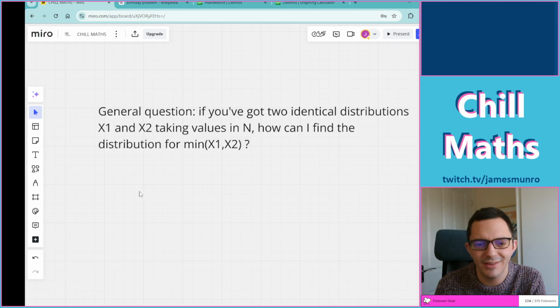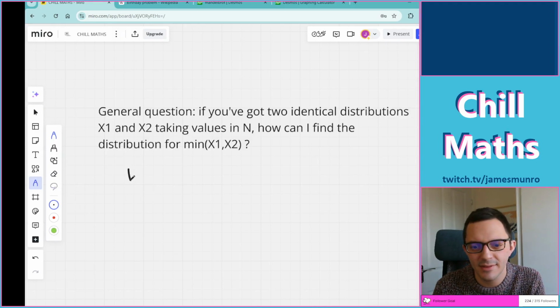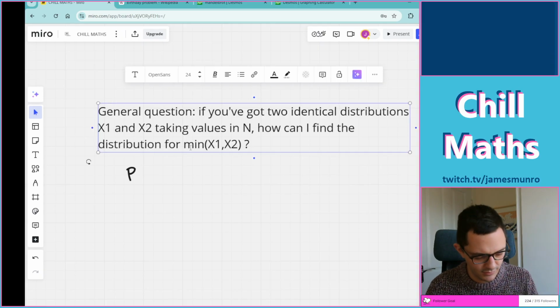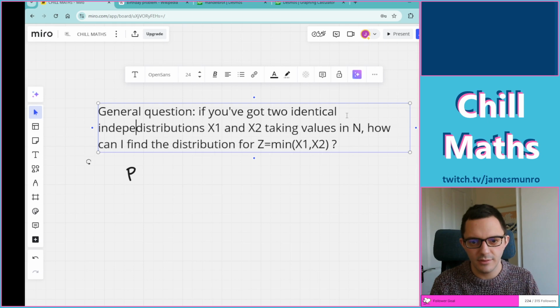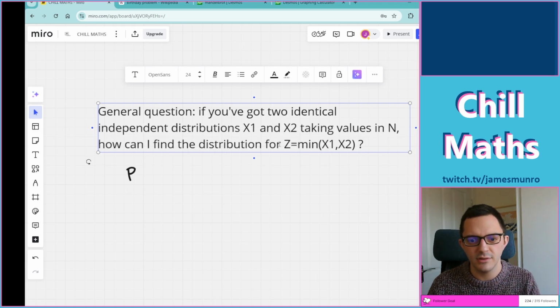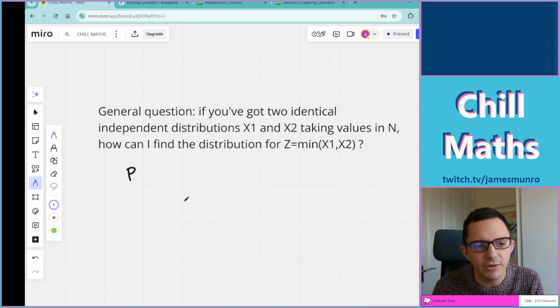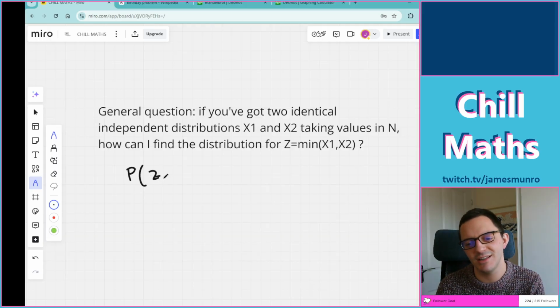Yeah, so let's give that thing a name. Independent. Maybe this is the sort of thing you can talk about, because the probability that Z is greater than, which way around is this?